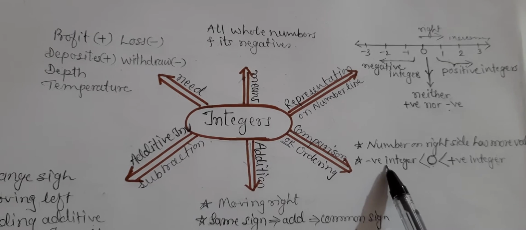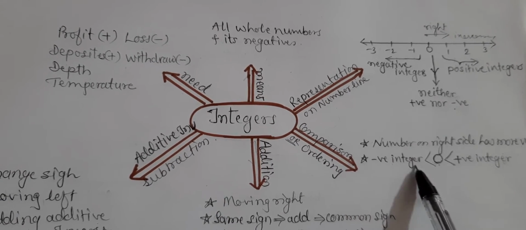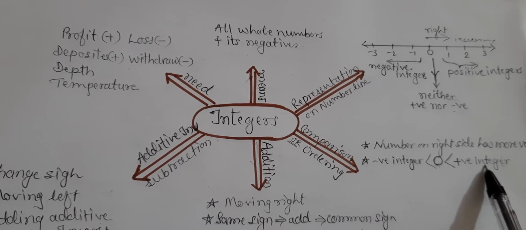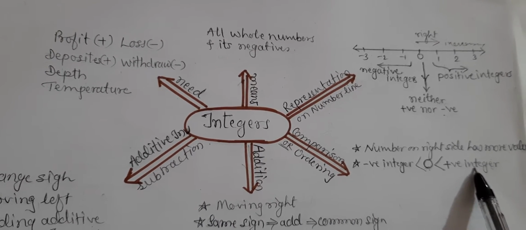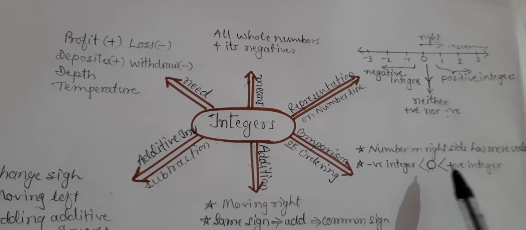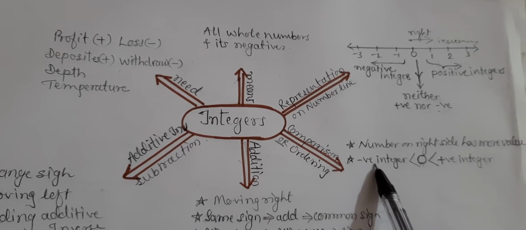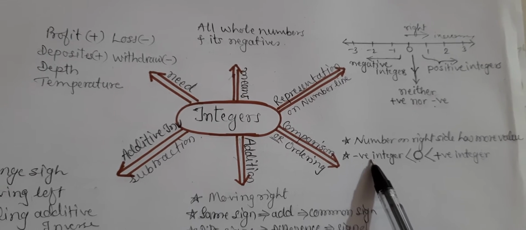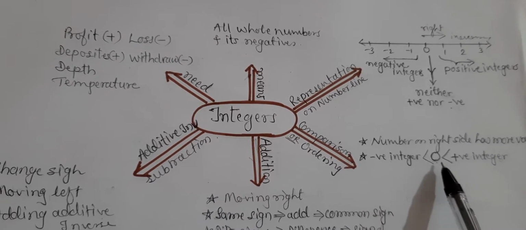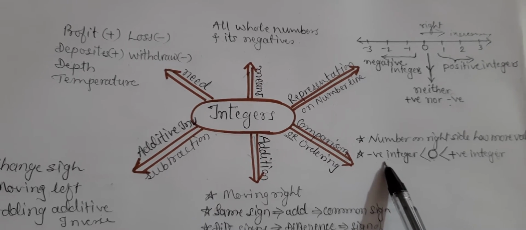From this we can conclude that negative integers are less than 0, as well as negative integers are less than any positive integer. Positive integers are greater than 0, as well as positive integers are greater than negative integers. Whereas 0 is less than the positive integer, but 0 is greater than the negative integer.